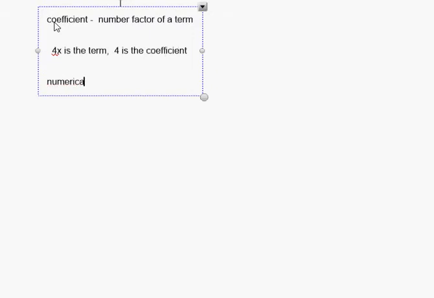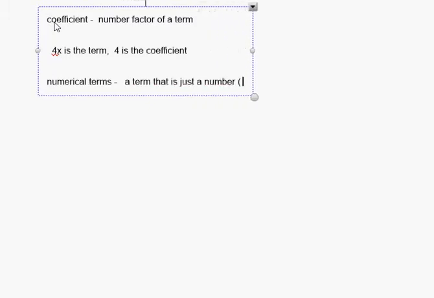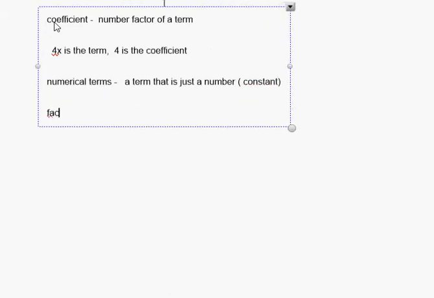Whereas a numerical term is a term that is just a number, also called a constant. Factors are the parts of the term being multiplied.